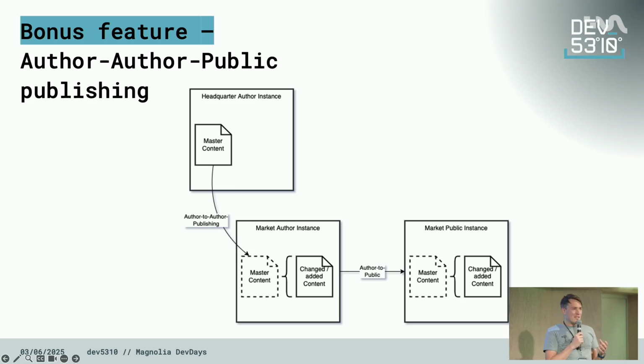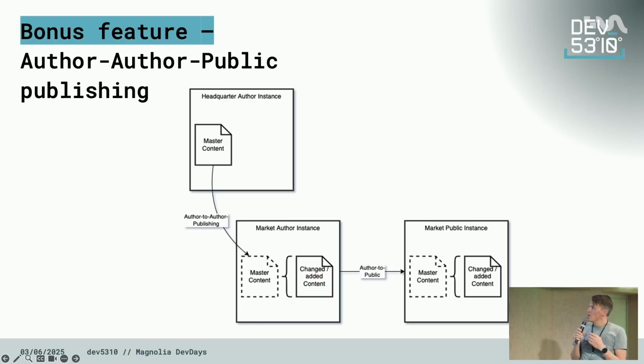So if we jump back to the example from the beginning with the international company, you could have a headquarter authoring the content they want to publish all over their markets on a dedicated authoring instance.